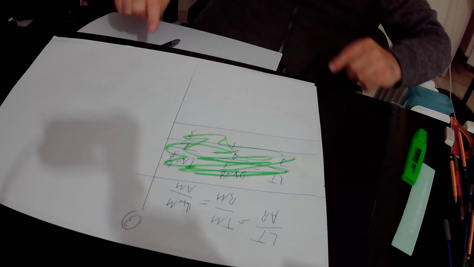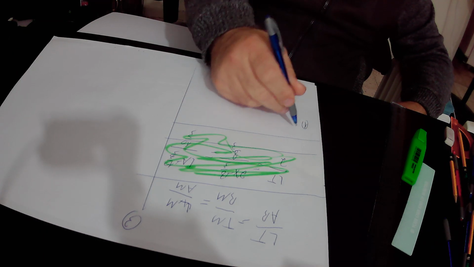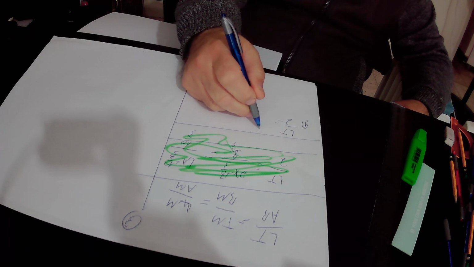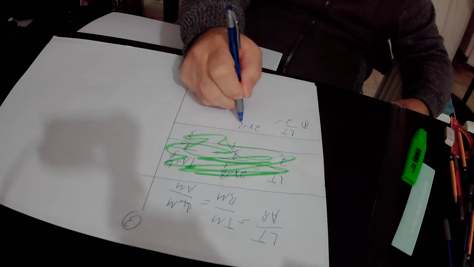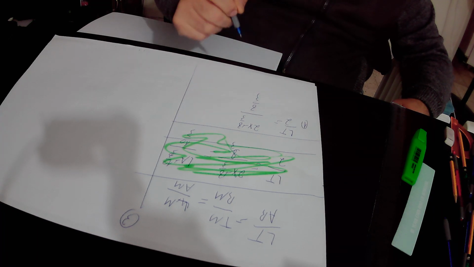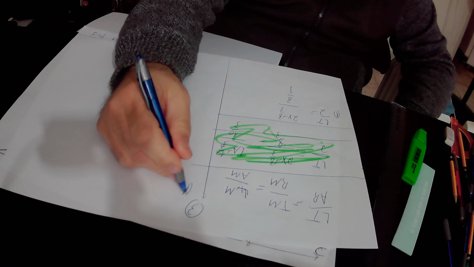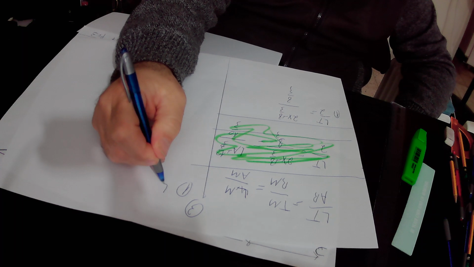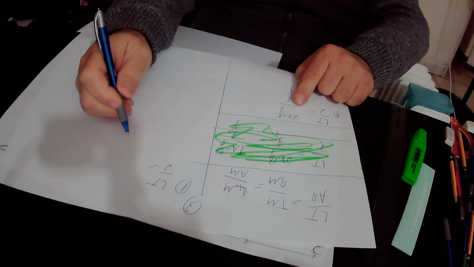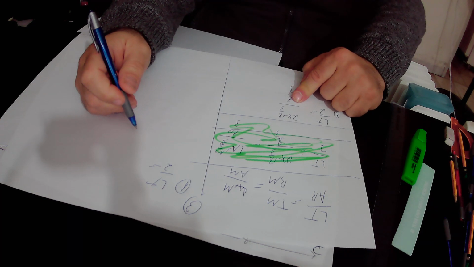Okay, so according to equation 1, we get that LT over 2 equals 2x plus 8 over 3 over 8 over 3.